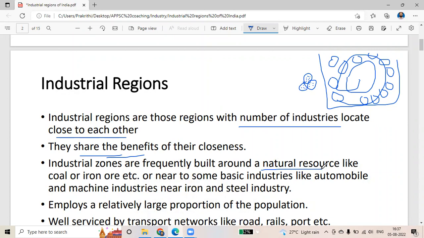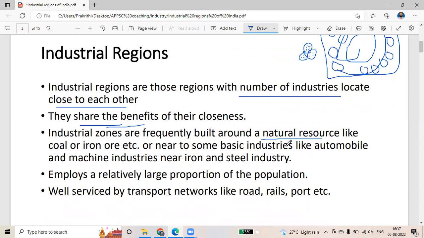The iron and steel industry is mainly concentrated in the regions where we get iron ore, and coal for power generation, and manganese which supports it. Near all these, industries start. So mostly these industries are seen near natural resources. Other than this, they are concentrated near basic industries, so it will become a cluster.